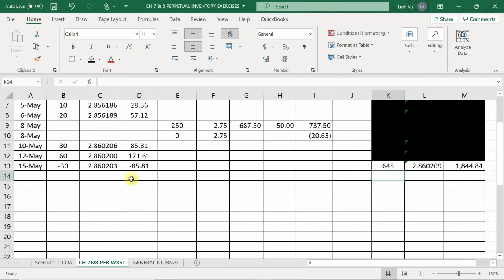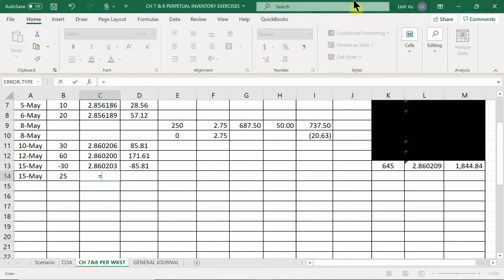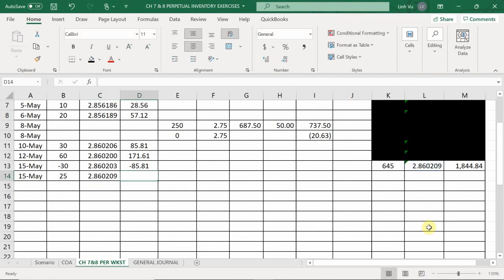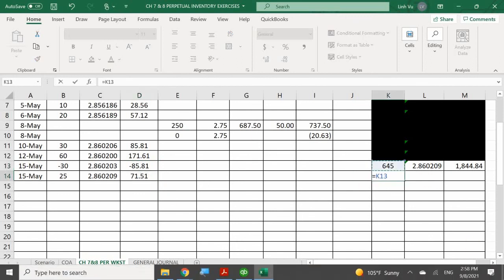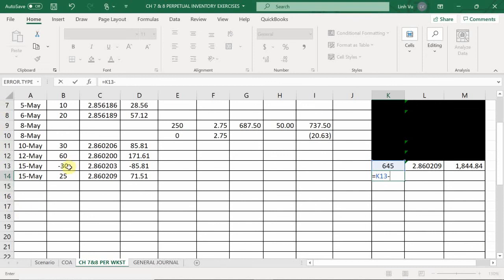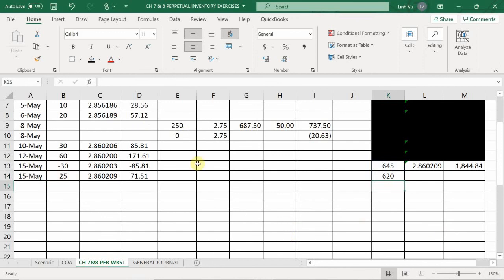Okay, so we need to calculate our cost of goods sold. Inventory worksheet. This time it is May 15, and we sold 25 cups. So in this case, cost per item is $2.8602. What is going to be my total cost of goods sold here? $71.51. So now we're going to update our inventory one last time. 645 minus 25 gives you 620.